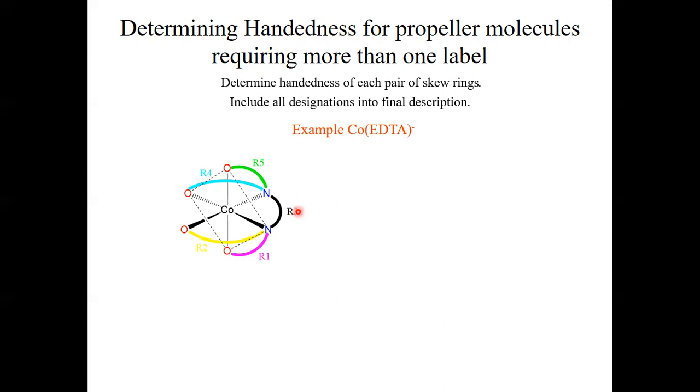So what else is unnecessary to consider? You see that R4 and R5 share this nitrogen donor atom, so that's also not a ring combination we need to consider. And R1 and R2 share that nitrogen donor atom. Okay, so what's left?